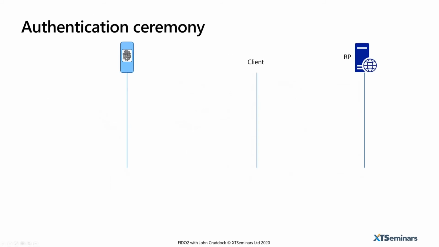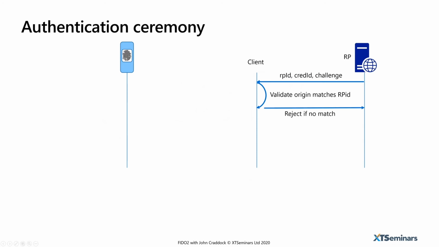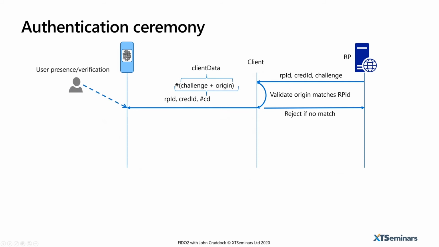When it comes to authentication, the relying party sends off a challenge. Again, we check that there's no man in the middle by checking the RP ID and rejecting if the RP ID and the origin are not matching. We then send the information through to the authenticator. The user verifies against the authenticator.